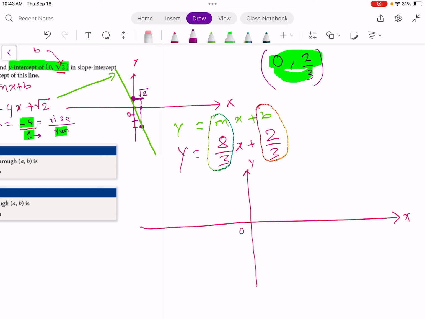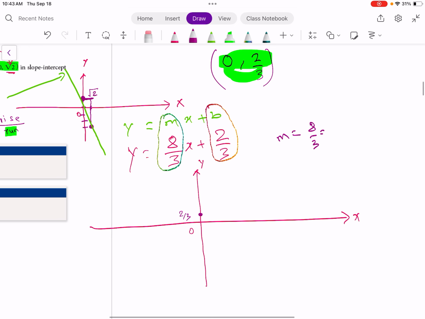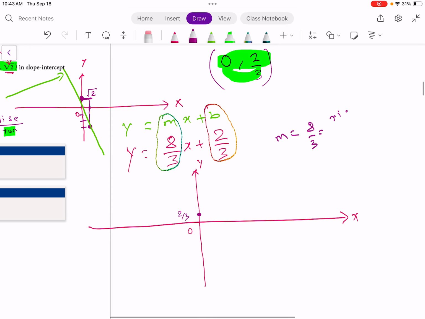So 2/3, let's say somewhere here. So this is 2/3. Okay, so we are starting from 2/3. Now how do we move from this y-intercept? It depends on our slope m. Slope is 8/3. How do we define slope? Slope is rise over run.